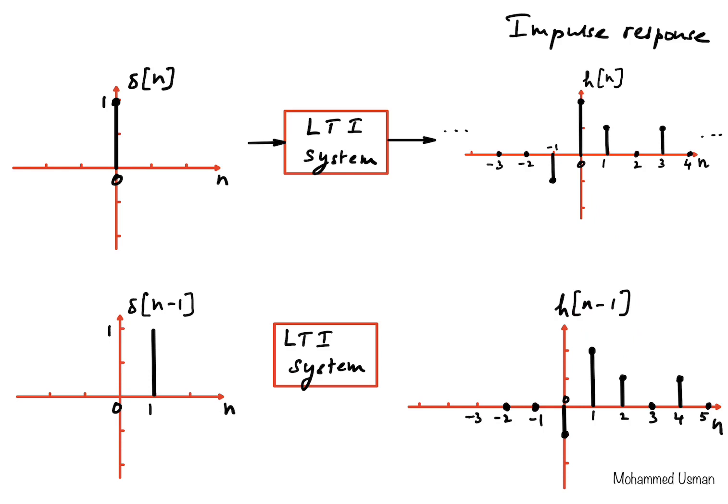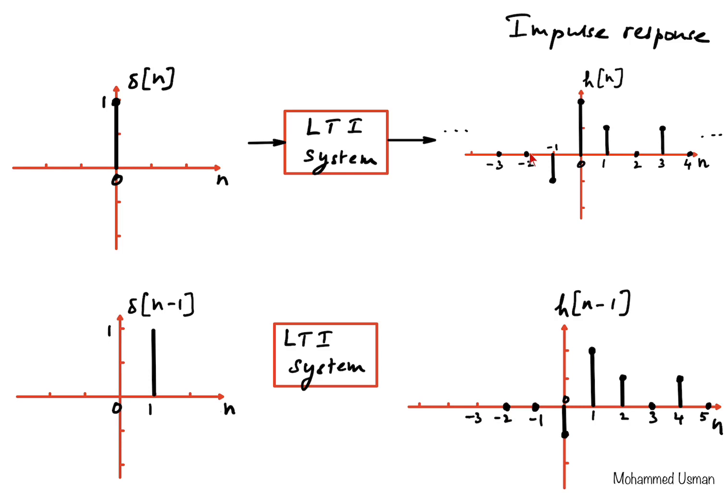We see here whatever was at minus 1 has got shifted to the right and has come to 0. The value that was present at 0 has got shifted to the right and has come to 1. The value that was at 1 has come to 2. The value at 2 has moved to 3, the value that was at 3 has moved to 4, and the value that was at 4 has moved to 5.